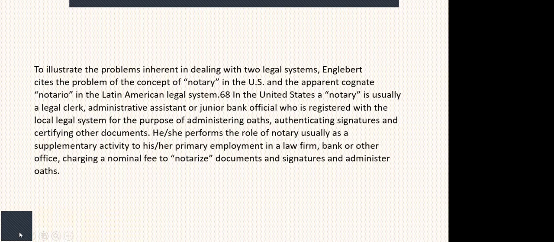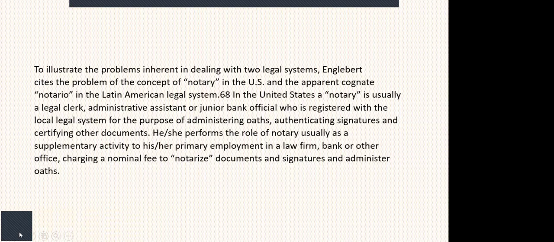A legal clerk, administrative assistant, or junior bank official, registered with a local legal system for the purpose of administering oaths, authenticating signatures, and certifying documents. Okay, those are their specific, very concrete roles. This person performs the role of a notary usually as a supplementary activity to his or her primary employment in a law firm, bank, or other office, charging a nominal fee to notarize documents and signatures and administer oaths.